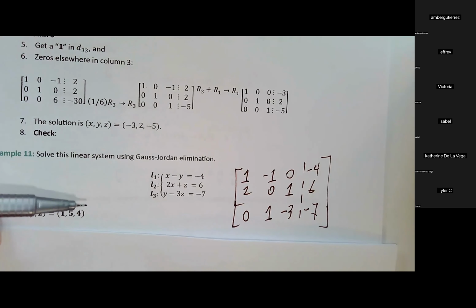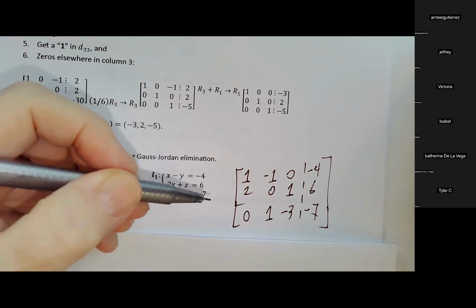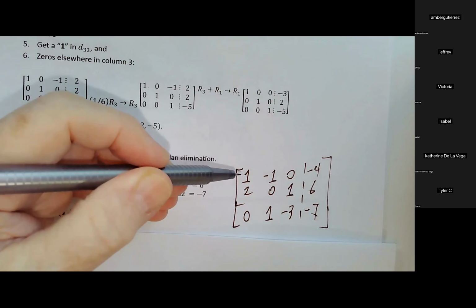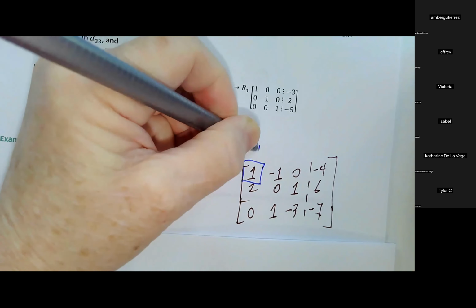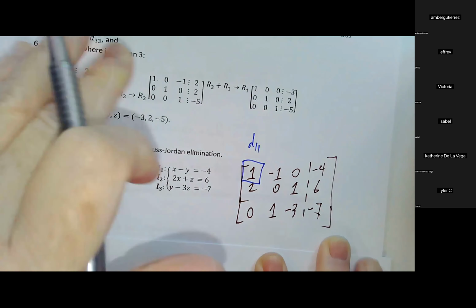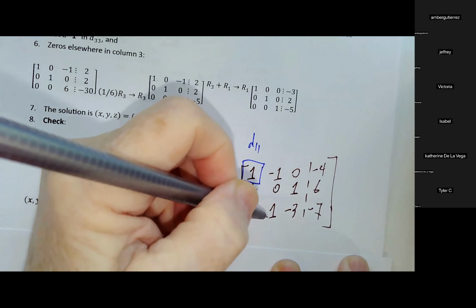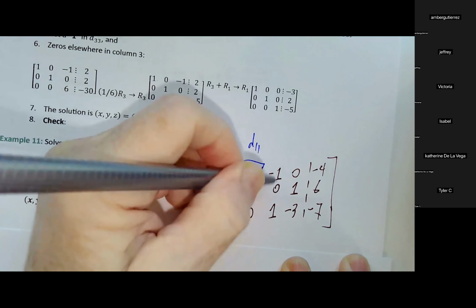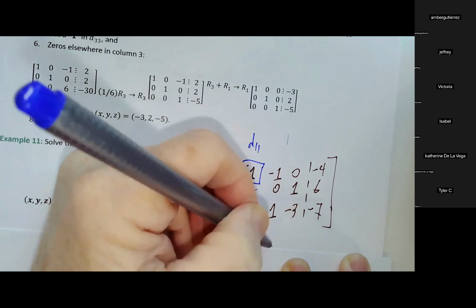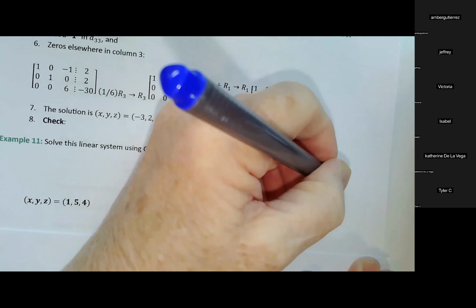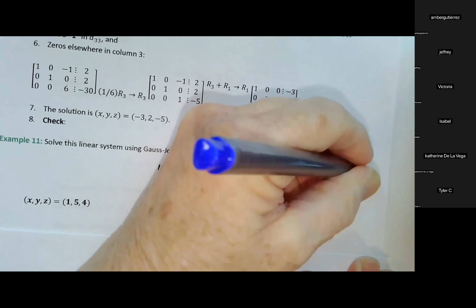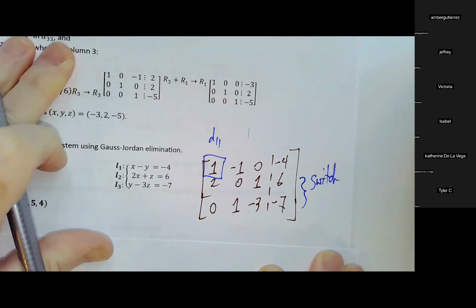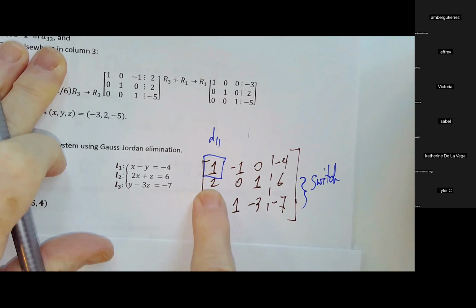Yes, absolutely. We've already got a 1 in D11, and there's another 1 in row 2, pardon me, in column 2. If I switch these last 2 rows, then I'll have a 0 where I want it and a 1 where I want it.